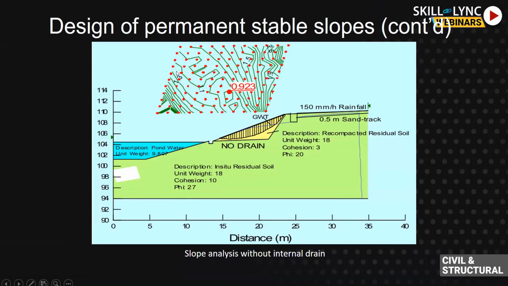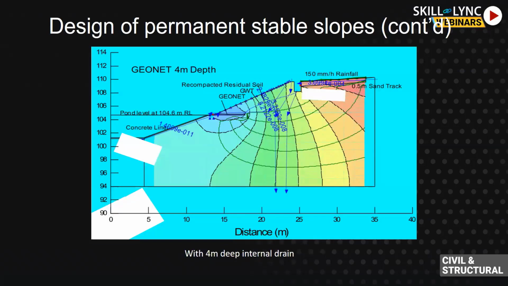So what should we do? We should find some solution in order to make the slope stable. We previously mentioned subsoil pipes, so the next option was installation of subsoil pipes. Here, this is a subsoil pipe called GeoNet. It's just a type of subsoil pipe actually.